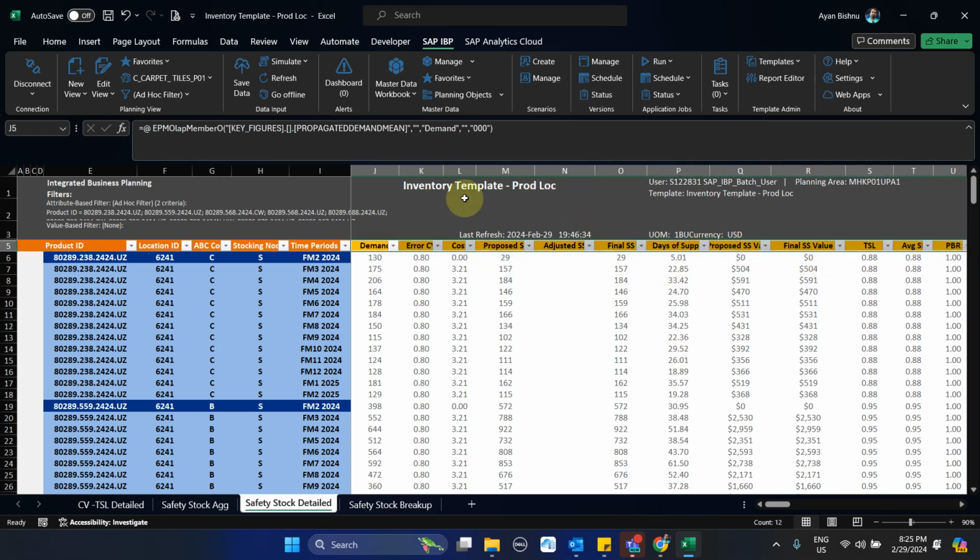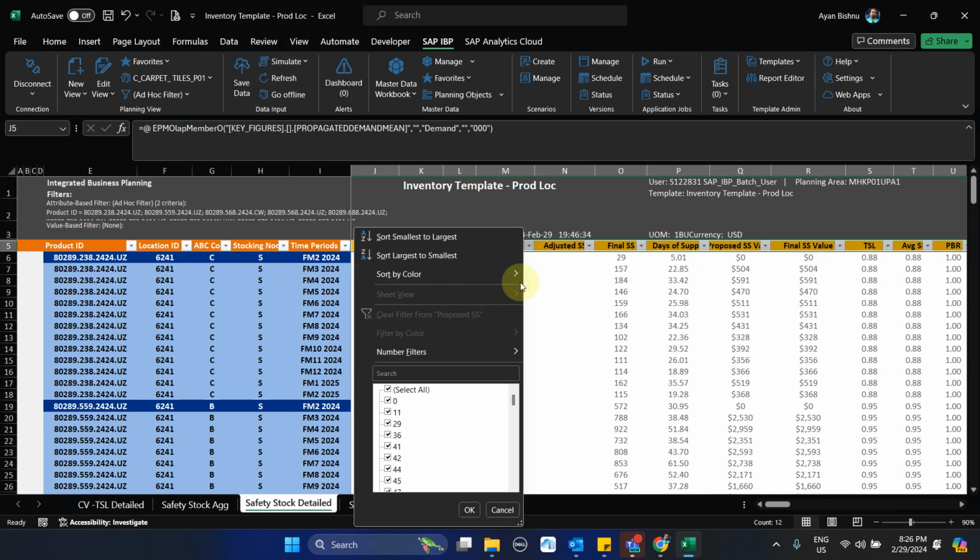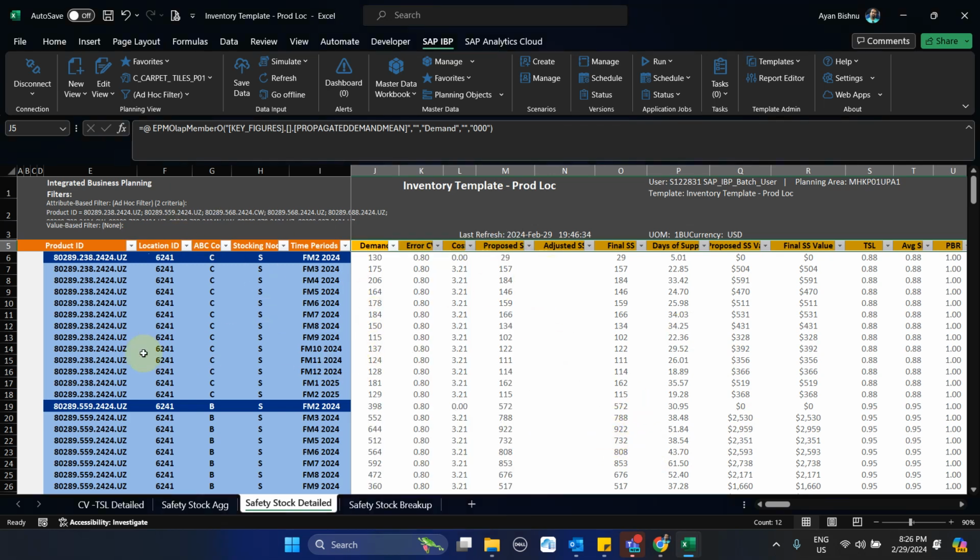This is a different view that has been requested by the planner so they can easily work with the inventory optimization, and based on that they can create alerts, filter based on alerts and do planning by exceptions. That is one of the reasons we have created this, where the time period is on the horizontal axis whereas the key figure is on the vertical axis.